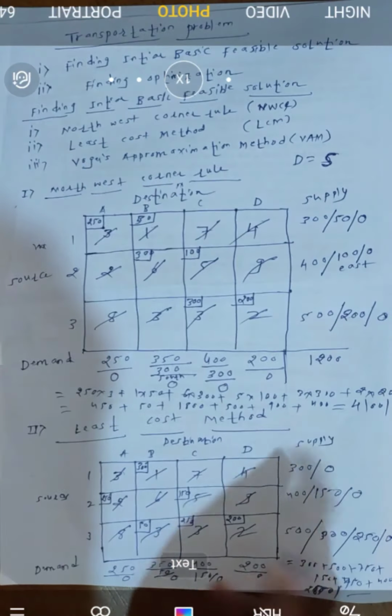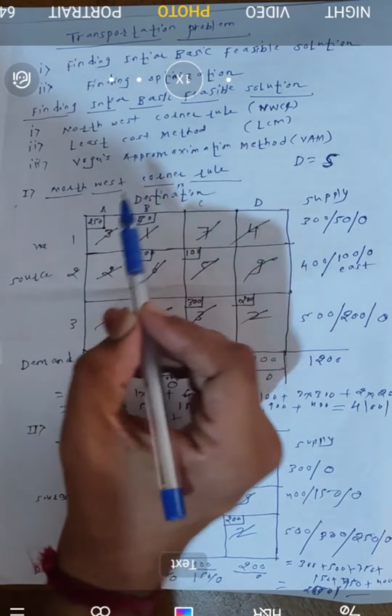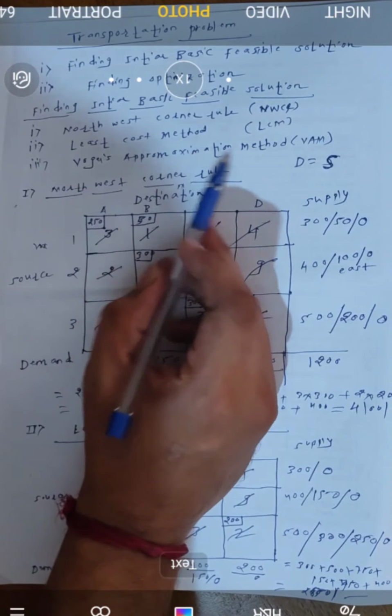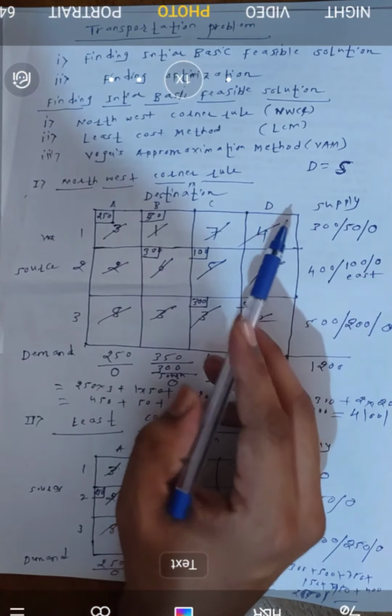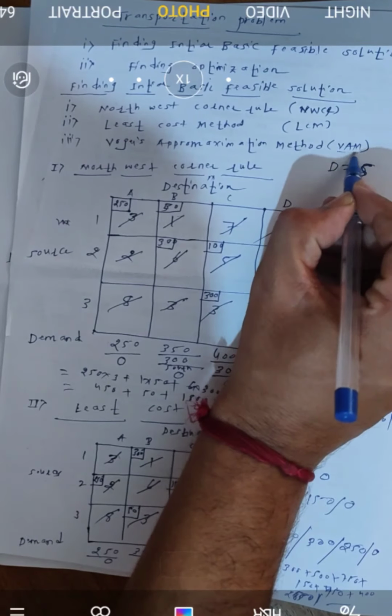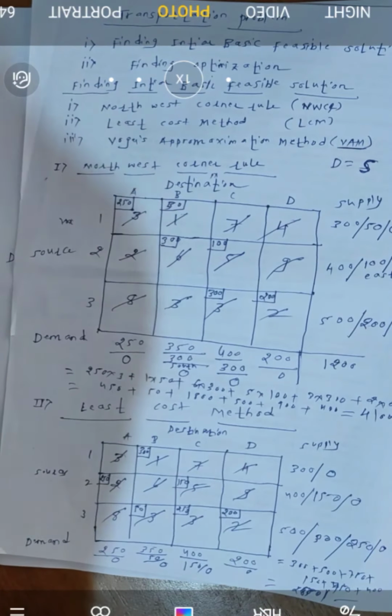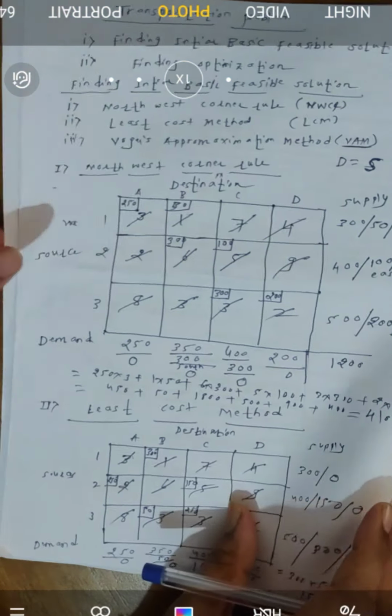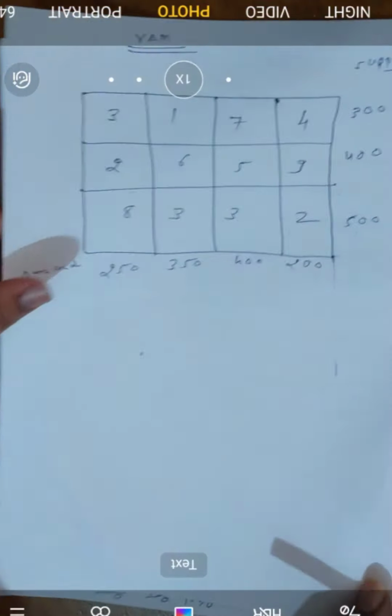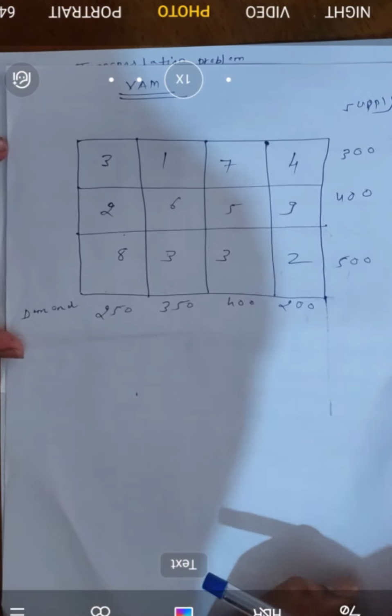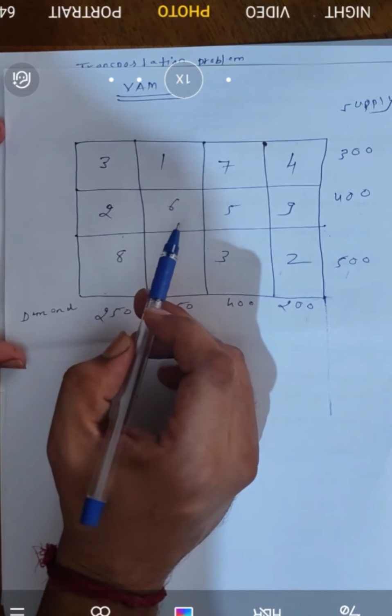So now the next method of finding initial basic feasible solution is Vogel's approximation method, which is also called as VAM method. In short, it is called as VAM method. So now we will see how to solve the problem by Vogel's approximation method. This is the same problem we have taken.